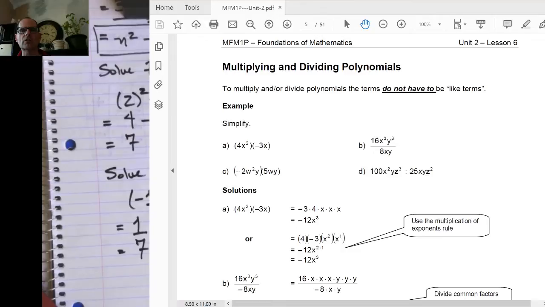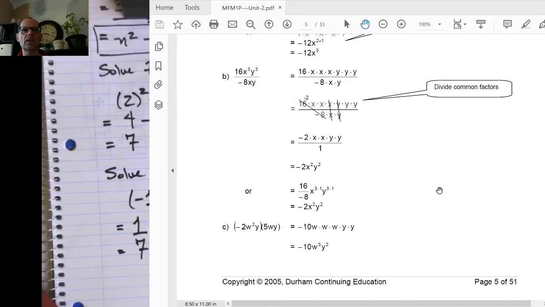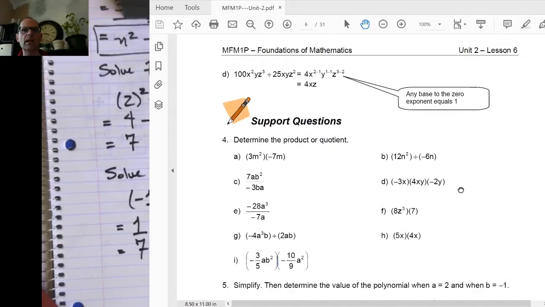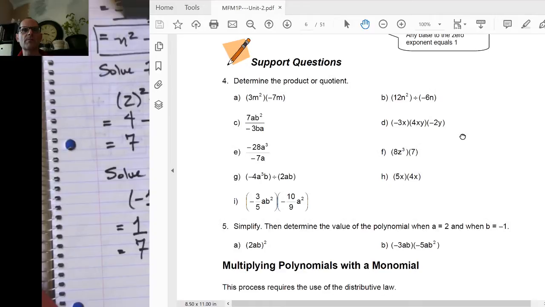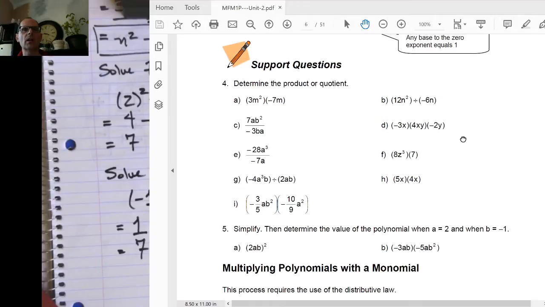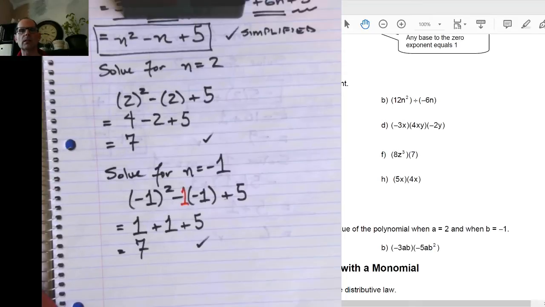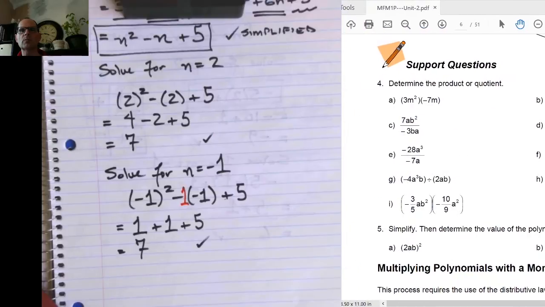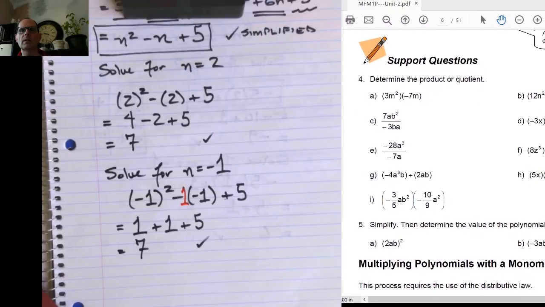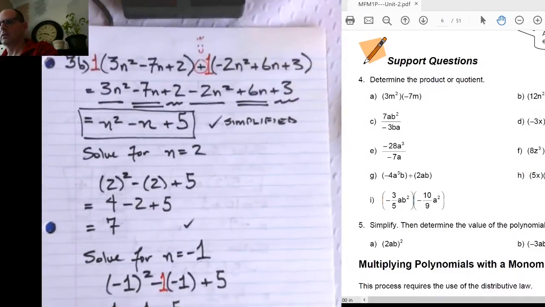You can just follow through all these worked examples, and then we get down to the support questions. We'll take a look at how to solve these support questions together. Okay, turn the page over.